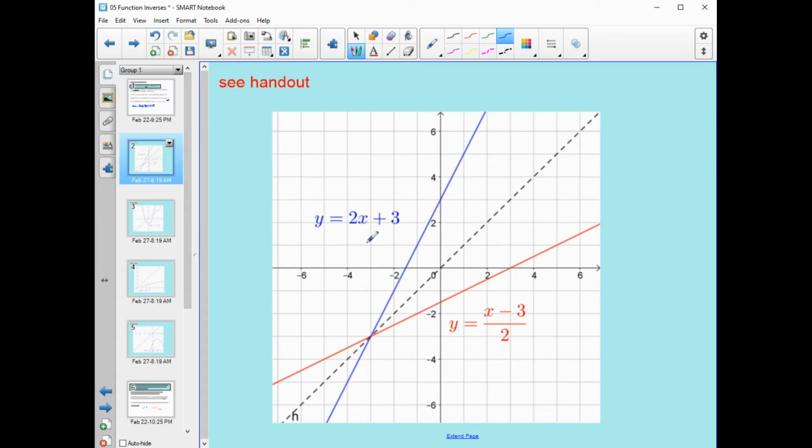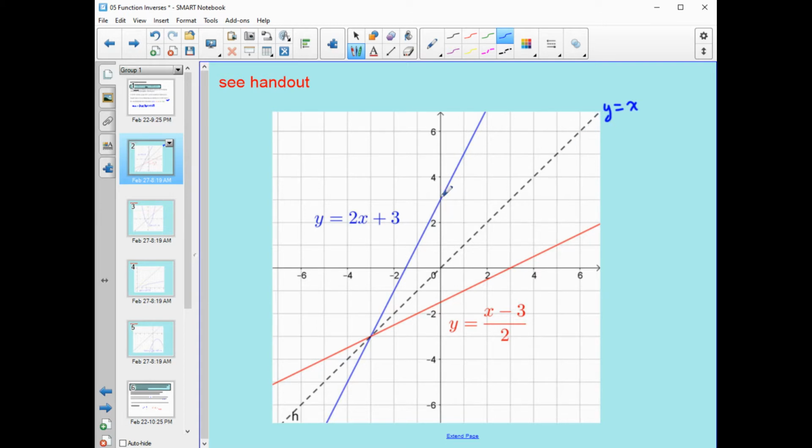So here's the first one. I'm starting with what's in blue here, which is the line y = 2x + 3. I used GeoGebra, which is a free graphing software like Desmos, to do this graph. My dotted line here is the line y = x. So that is the mirror line when you're talking about an inverse.